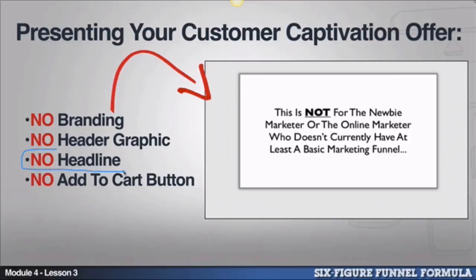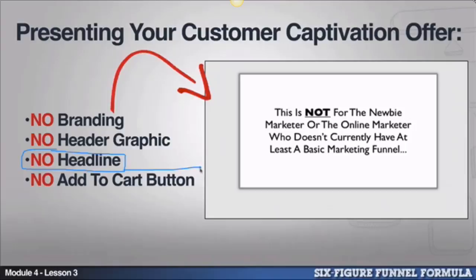We're going to talk about this later on when we talk about testing. I'll tell you that in our tests, time after time, the headline suppresses response. And so you go with nothing more than just an ugly video sales letter when they hit the page.